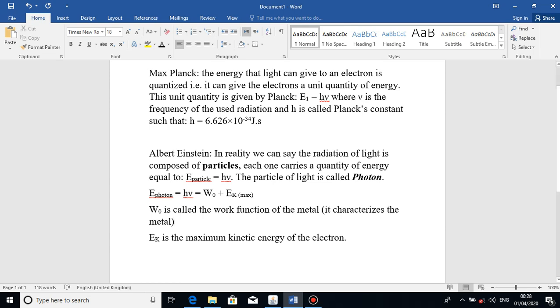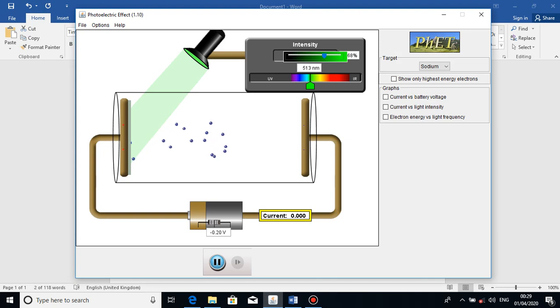So this formula helps us to calculate W0, which is the work function, or the energy that bounds the highest electrons, and this is their kinetic energy. As you will see from here, not all metals have the same work function.